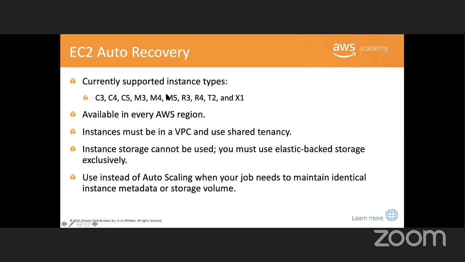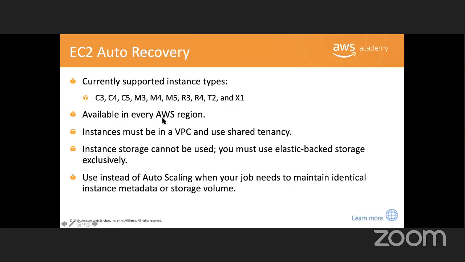These others are the big guys for big, heavy-duty applications, except T2, which is still big, but we're using T2 micro, as the word says, micro. So we're not interested in that. We just need to know that EC2 Auto Recovery needs a specific type of instance.